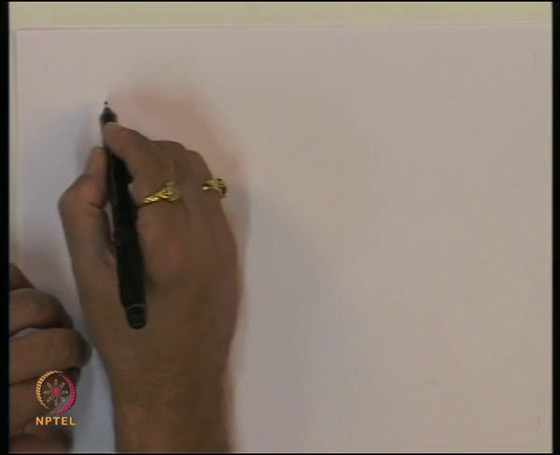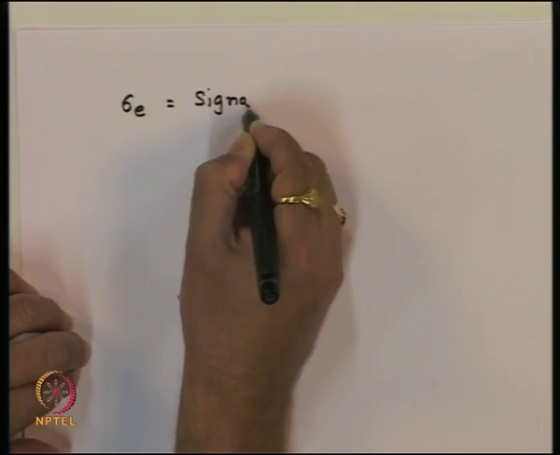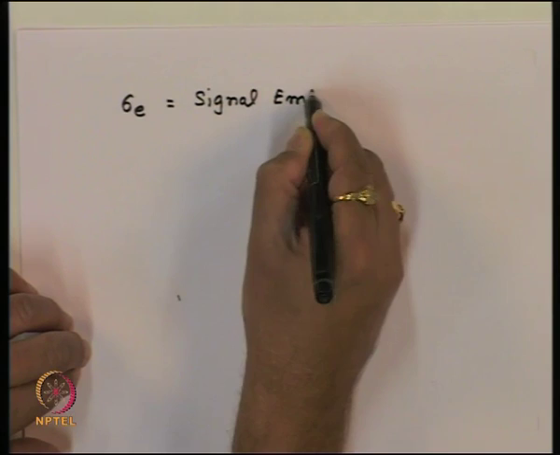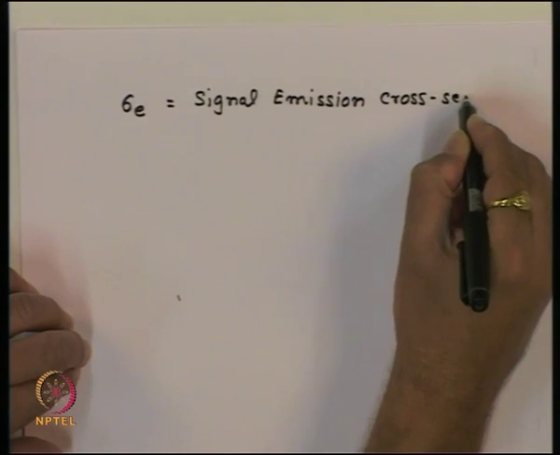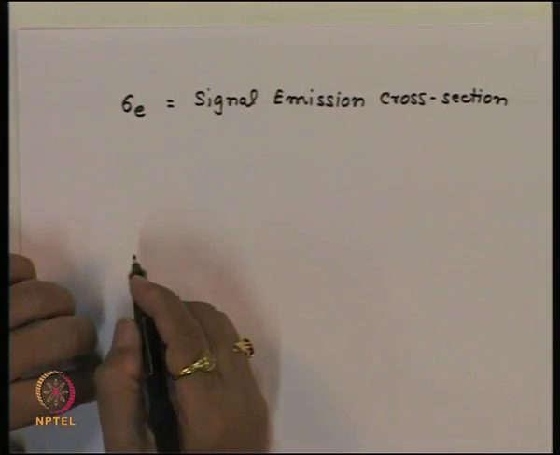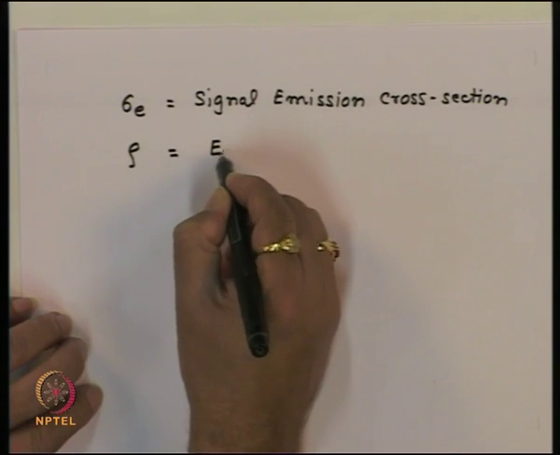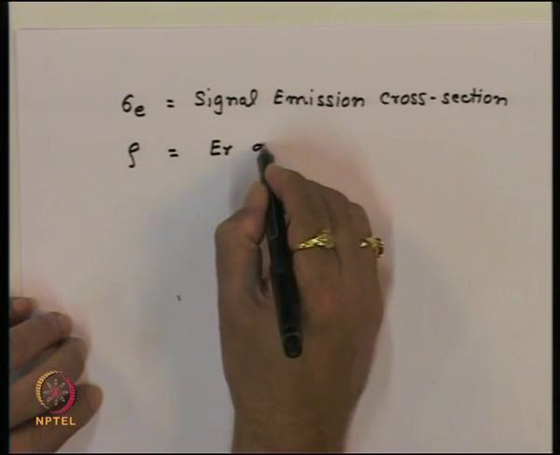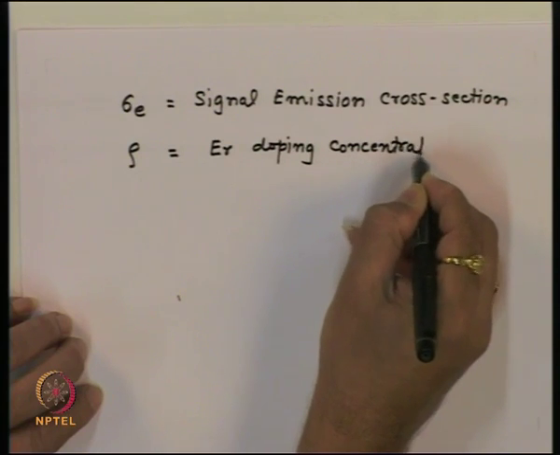So if we say that we have the signal emission cross section for the EDF, and let us denote that quantity by sigma E. And let us say we have a parameter called rho, which gives the erbium doping concentration inside the core.